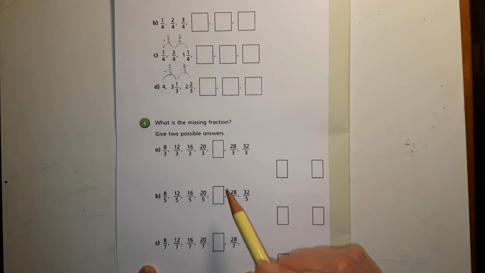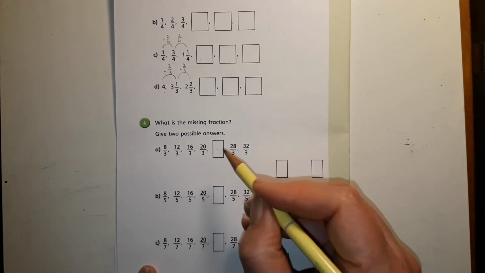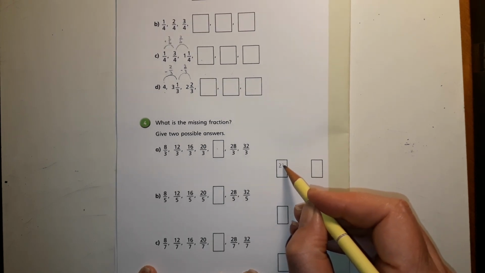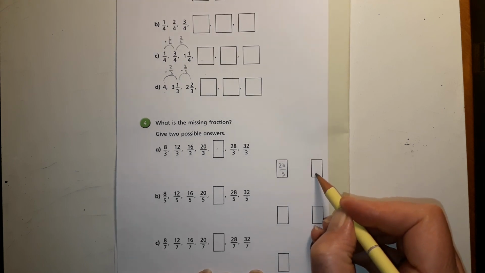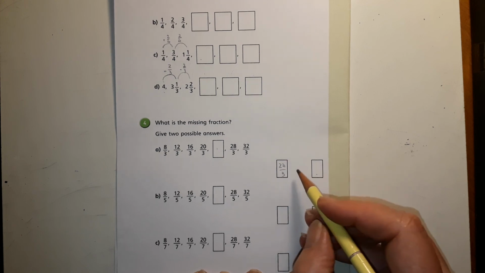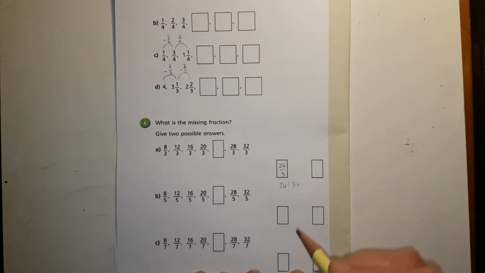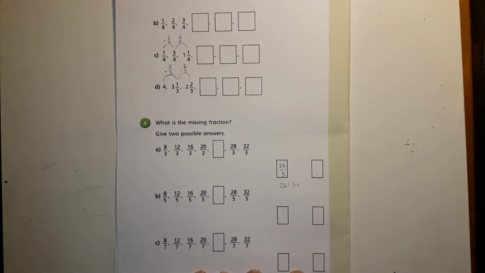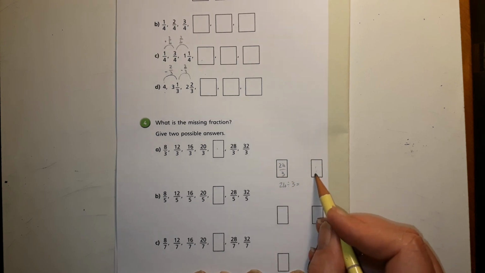so my missing part here, alright, so when you've worked that out, you can write it here, so hopefully you will know that it's 24/3, and then our other way of writing 24/3 is to do 24 divided by 3, because that will give you another possible way of writing 24/3 here.